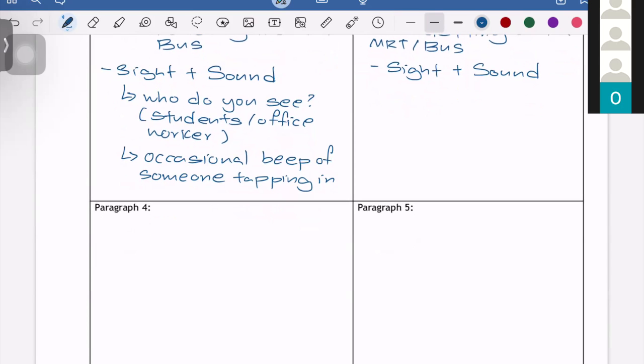You have to describe your journey to your destination. Think about your internal observation. So what you see inside the vehicle, the train, the bus. And then paragraph 5, you talk about what you see outside instead.